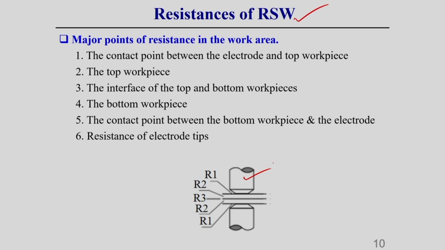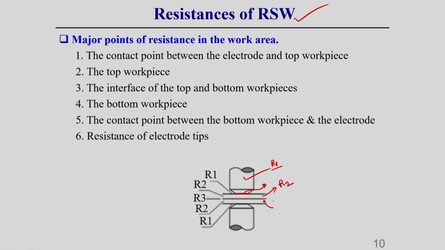Let me represent this as resistance 1. Depending upon the size of the electrode tip diameter, there can be another resistance, which I will discuss later. So first is the electrode resistance itself, let me represent it as R1. Then another one is the top workpiece resistance, let this be R2.